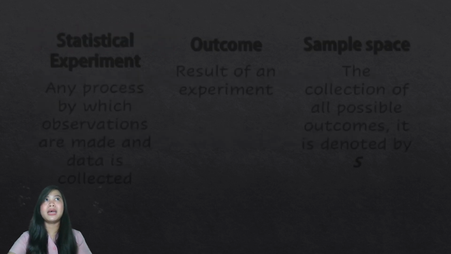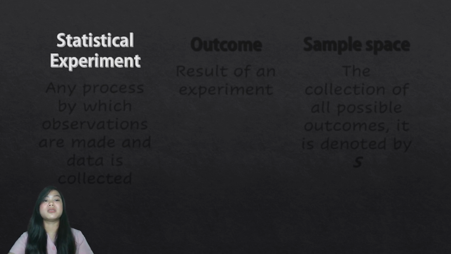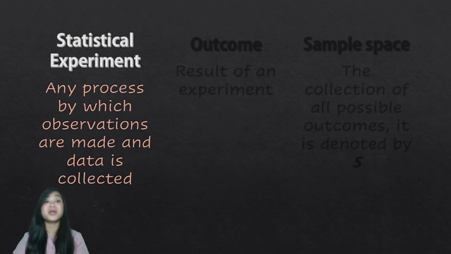So we have discussed statistics. There is something called a statistical experiment. This is any process by which observations are made, and from those observations the data is gathered or collected.